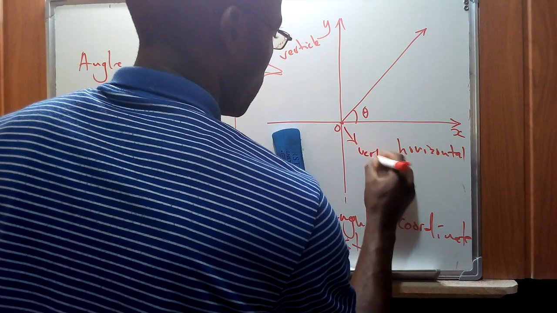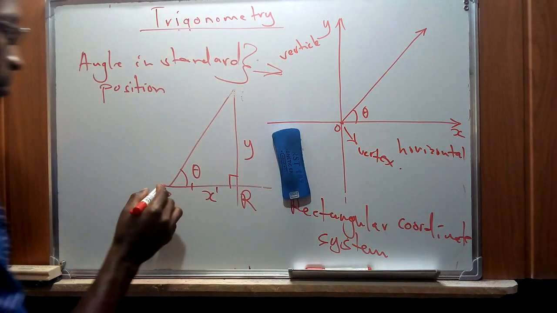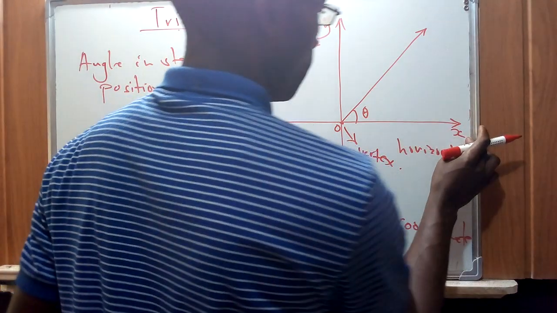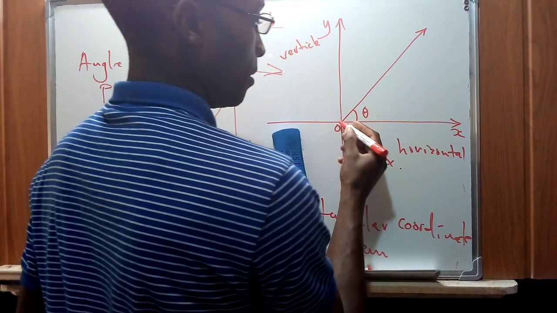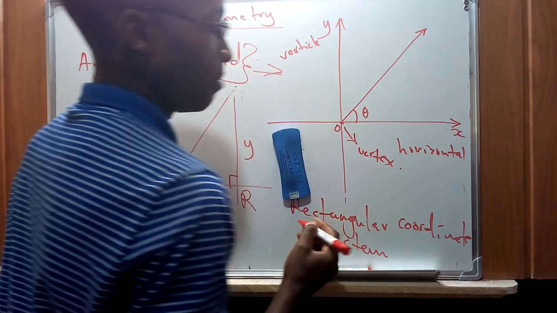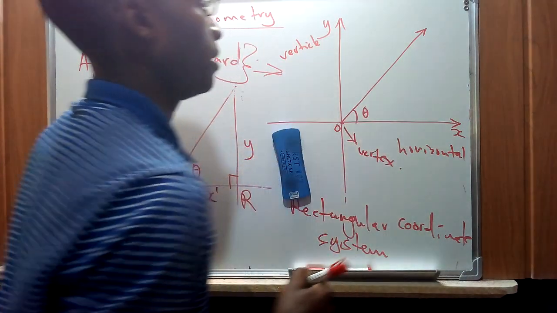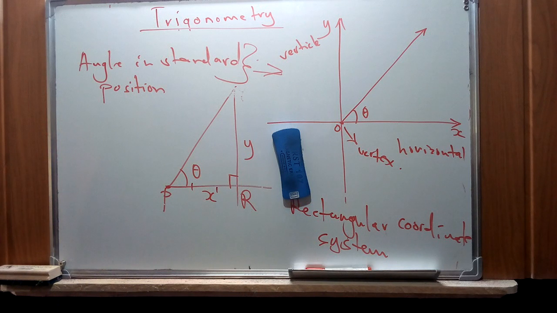It's going to be the vertex, bearing in mind that the vertex is the end of those specific angles at the origin formed by rotating one ray from a fixed ray. So in any case, if I have a ray from the x that is running along the x-axis, and I rotate it in either a clockwise or anti-clockwise direction, then I'm going to form what we call an angle.